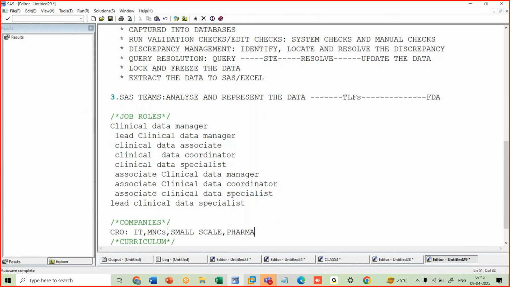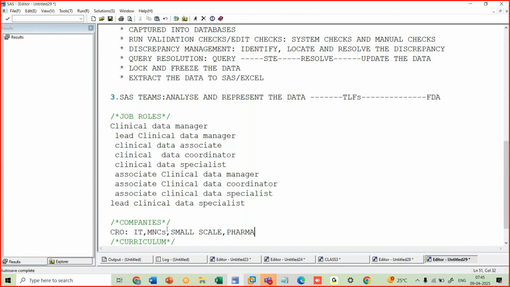So in any of these, you can search for the jobs like Novartis, Parexel, Icon, IQVIA, Synos, Roche Pharma, Johnson and Johnson. Okay.